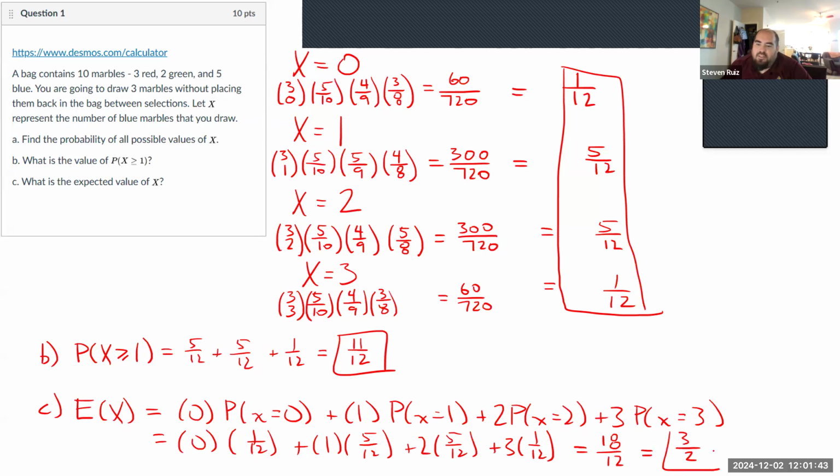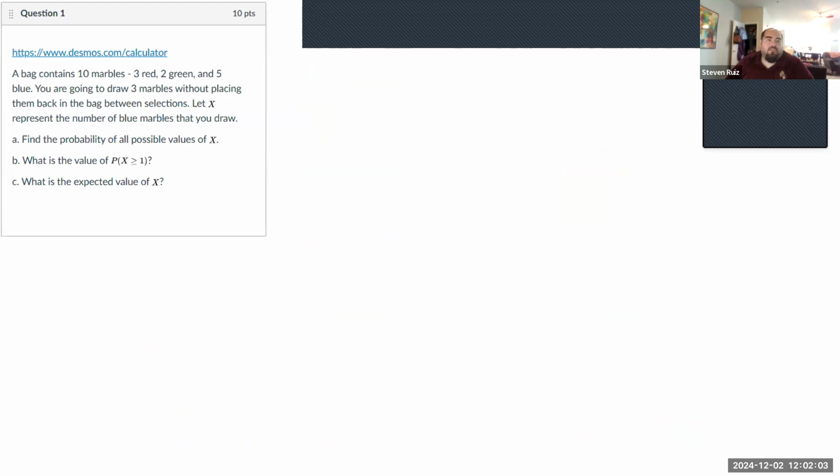So if I were to do this experiment, I would expect, again, your expected value is an average. It's not always a value that's actually possible. If I were to do this draw 3 experiment several times, I would expect the average to be 1.5. All right, that's all for question 1. Question 2.